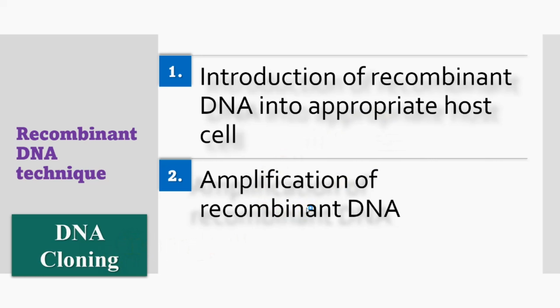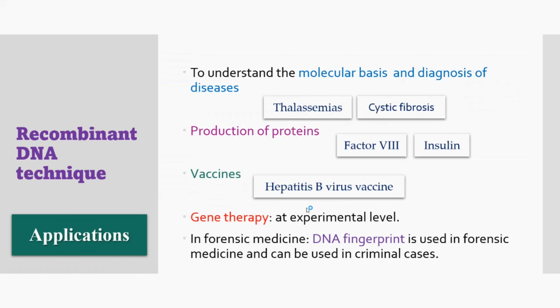Okay. So this is with respect to recombinant DNA technique steps. Now we need to see what are the applications, what are the uses of this genetic engineering technique or recombinant DNA technique. First, we need to understand the molecular basis of some diseases, or in other words, mutation.